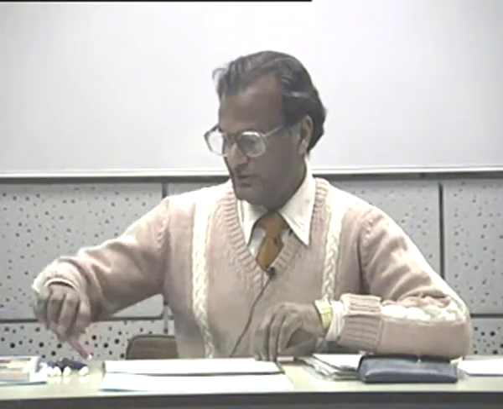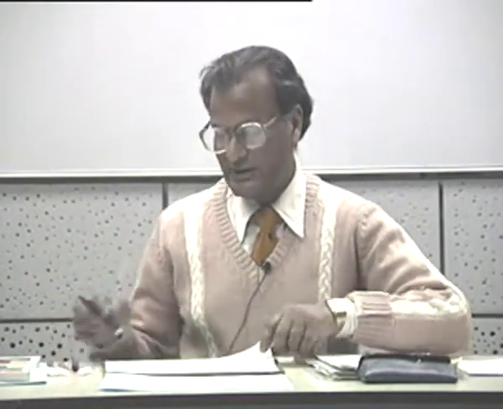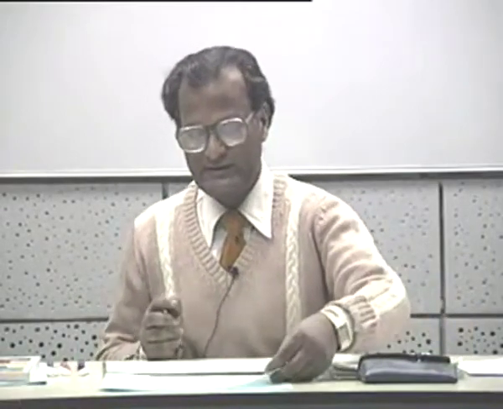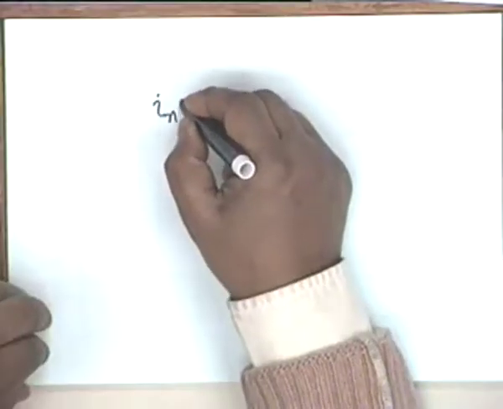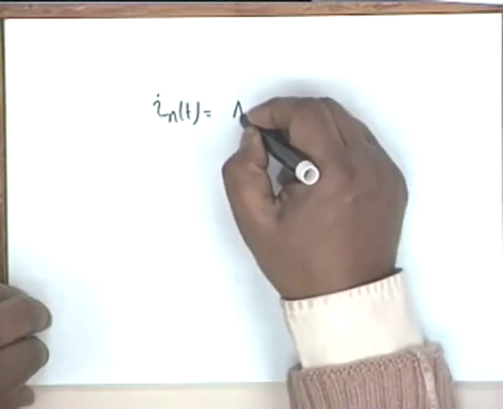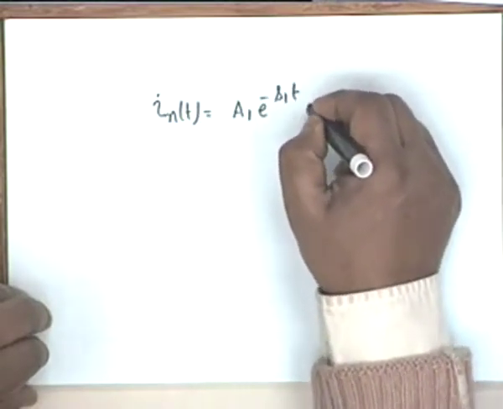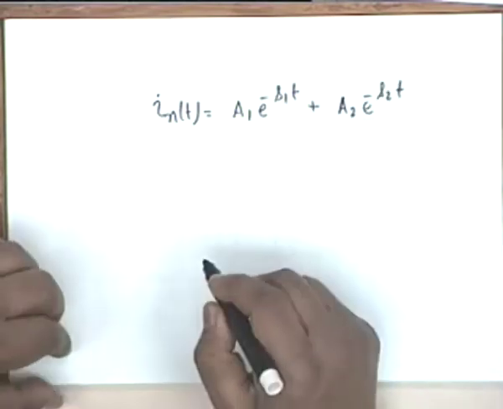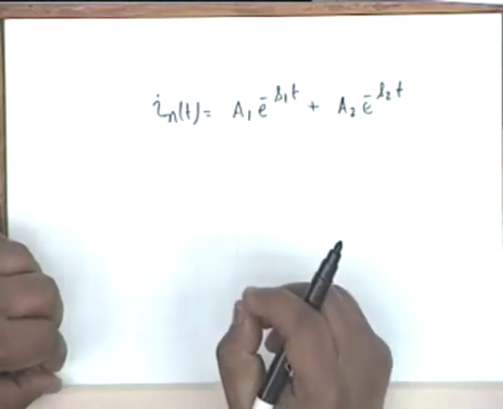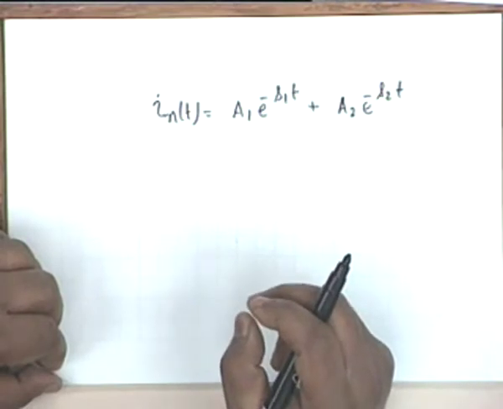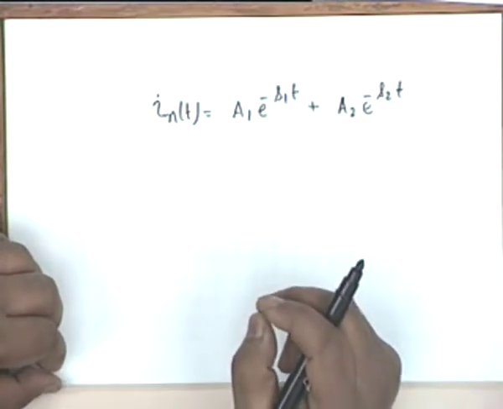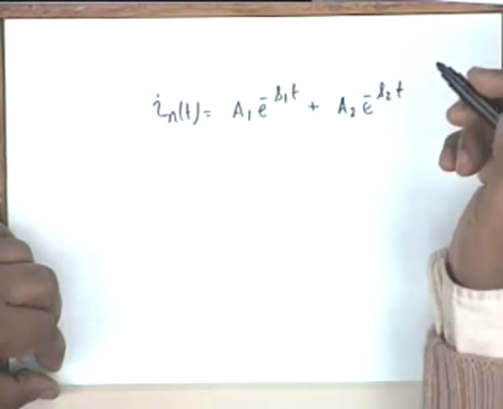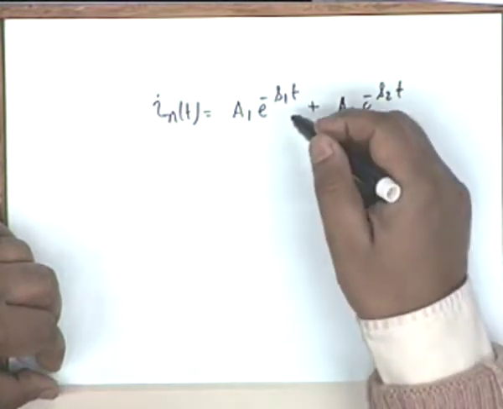For example, for the first case in which the roots are real, negative and distinct, the natural response shall be A1 e to the S1t plus A2 e to the S2t, where S1 and S2 are... Is it minus S1?